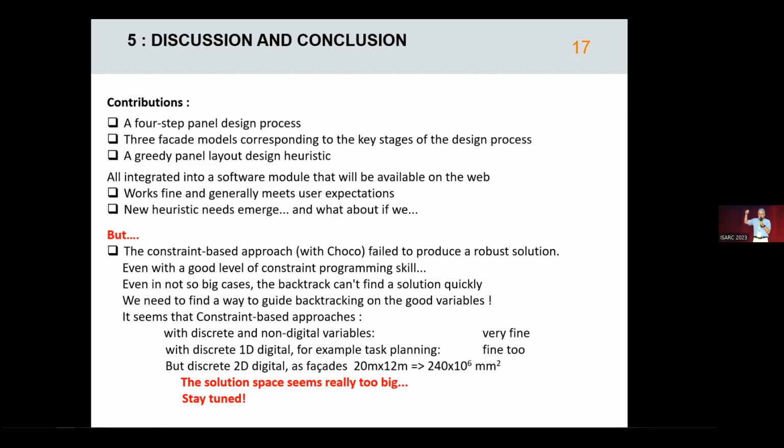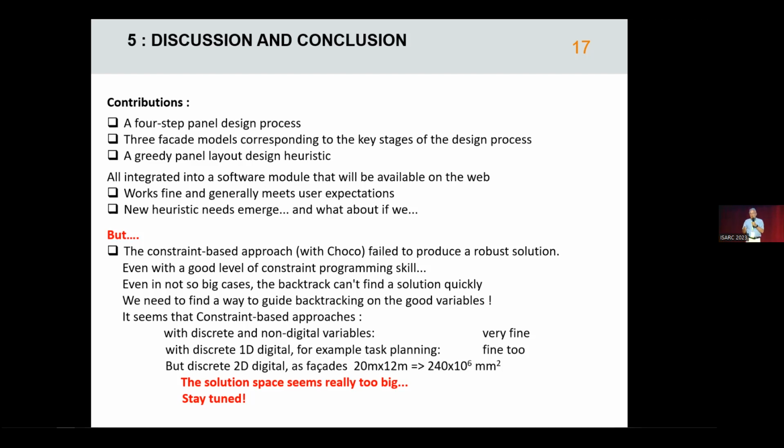This means that you begin to design a panel and then it's impossible, and you have to backtrack, meaning to reconsider previous decisions. The problem is to find the good variables to reconsider, and this is the tricky point. We need to find a way to guide backtracking to good variables. It's very delicate because sometimes you have to put a panel and this is impossible because of a panel here, so it's really hard to identify which panel is at the origin of the problem.